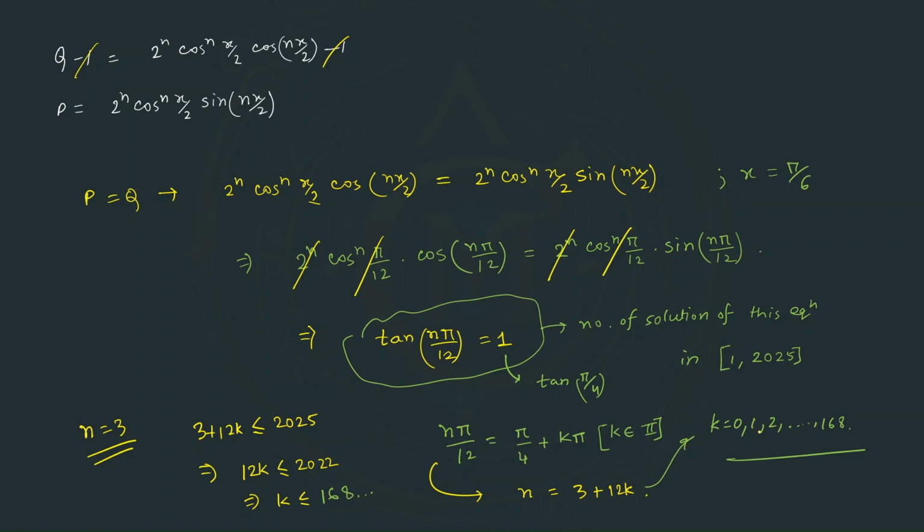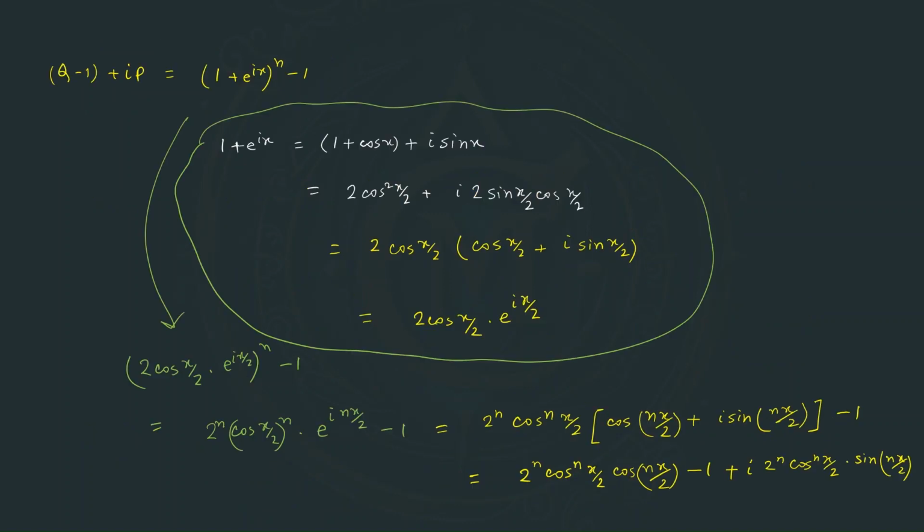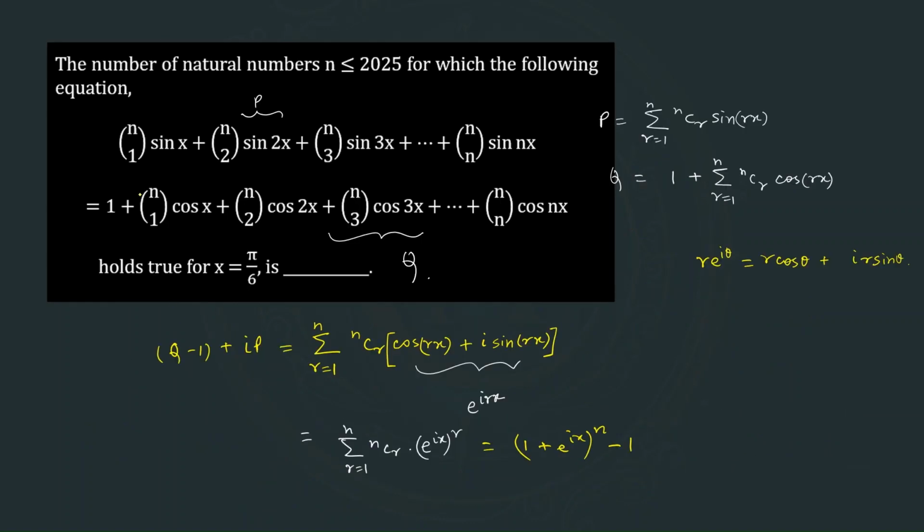There are total 169 values of k possible, for which n is a natural number and n is less than equal to 2025. For each value of k here, we will get a corresponding n which will satisfy the given equation. So we can say the correct answer of this question will be 169.